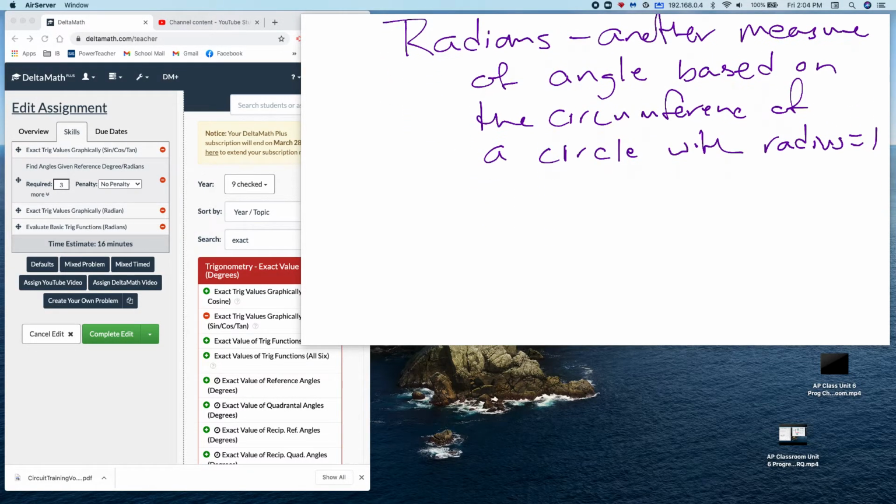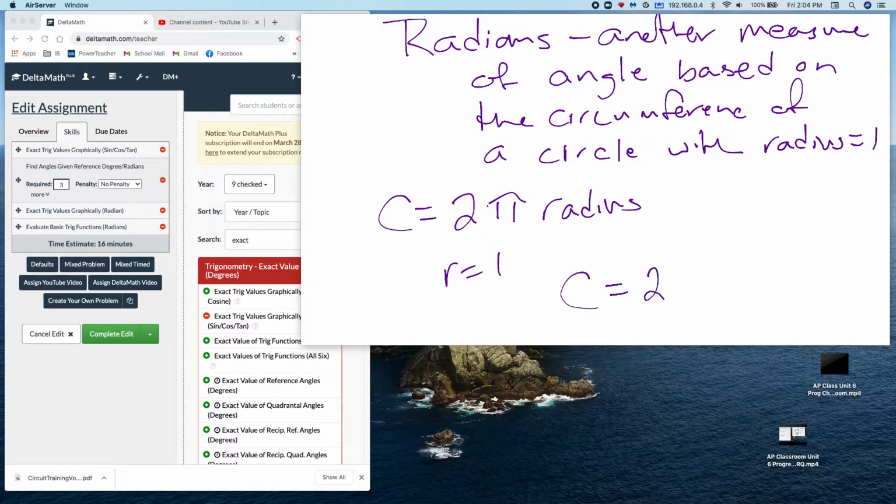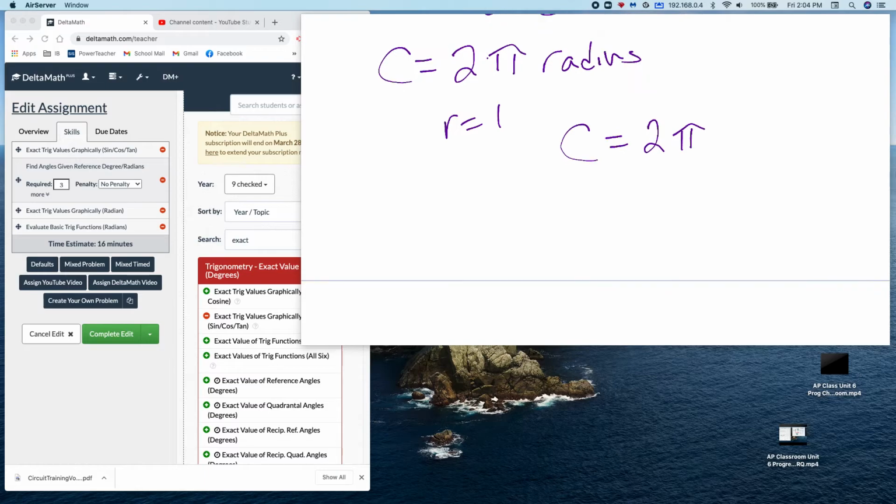Well, think about the circumference of a circle. The circumference of a circle is 2 times pi times the radius. So if the radius is equal to 1, the circumference is equal to 2 pi. So when you think about 2 pi, that's rotating all the way around. So this is 0, but this is also 2 pi. One unit around.